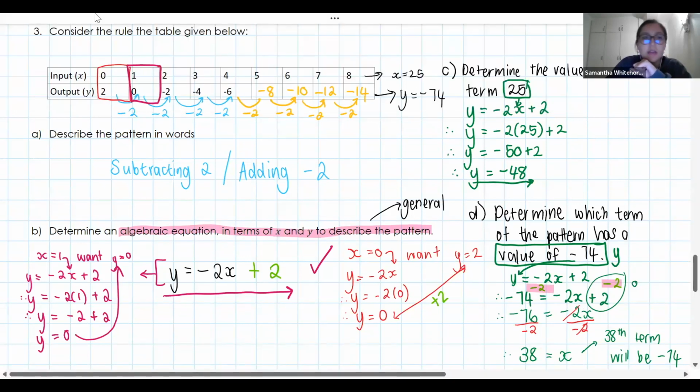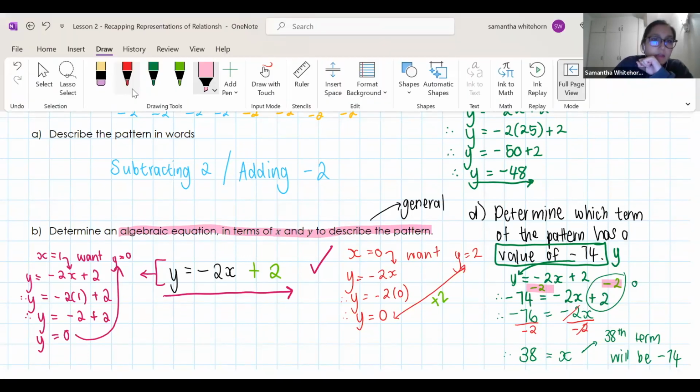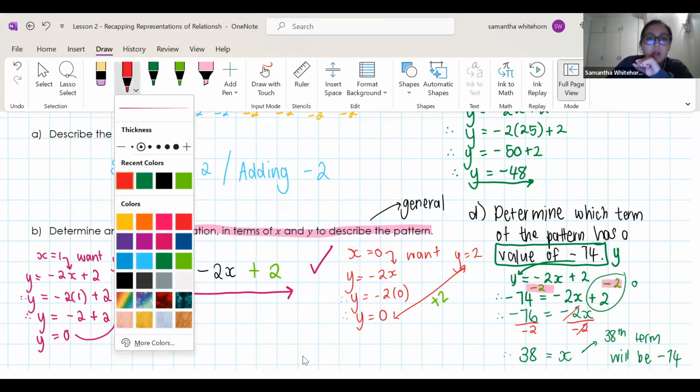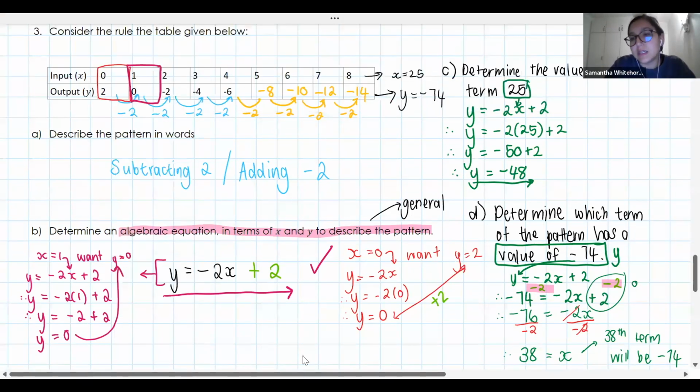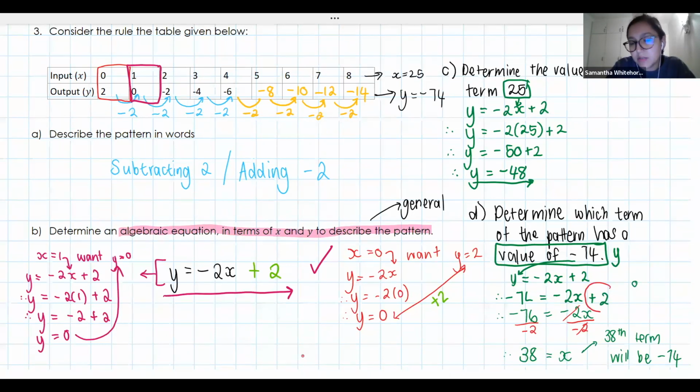Yes, ma'am. Okay, so guys, the language around equations, people use different things. So sometimes what teachers like to say is we want to move this +2 over the equal sign. When you move a term over the equal sign, its sign changes. So what actually happens here when you move it over is you've got the -74, but now you're bringing in a +2 over, so it becomes -2.